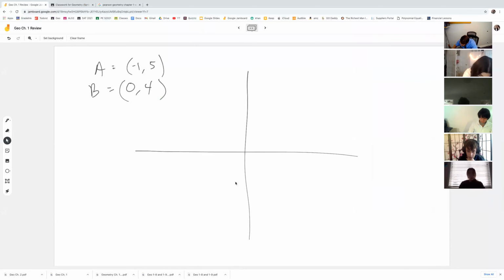All right, so let's first graph it. -1, 1, 2, 3, 4, 5. Again, remember this is the y-axis, this is the x-axis, this is the x value, this is the y value. Do not ever forget that. Okay, now let's graph the other one. 0, 4. 0 on the x, 4 on the y.